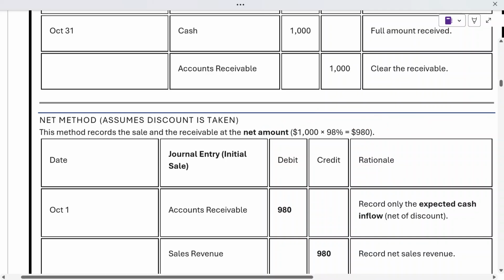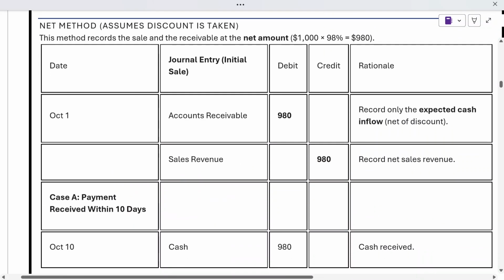The net method records the sales and receivable at the net amount. So on 1st October, we will record accounts receivable as $980. This 980 is the net amount, because we record only the expected cash, which is net of discount. Similarly, our revenue is also $980 because the customer will be paying only that much.